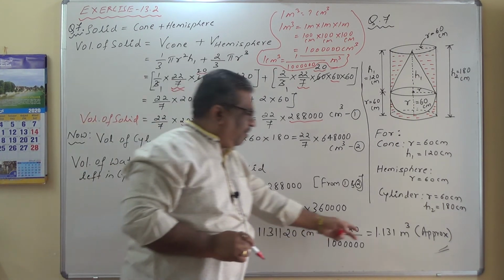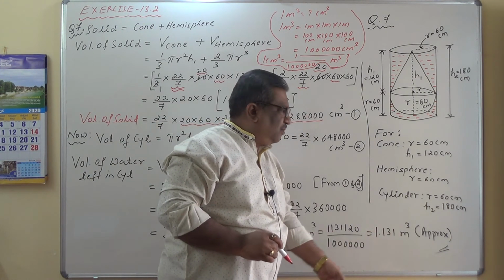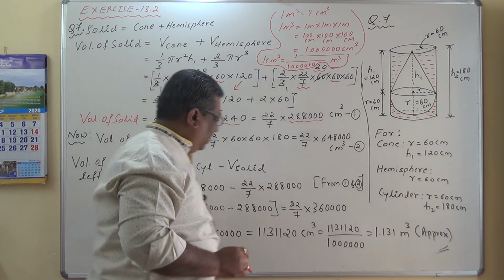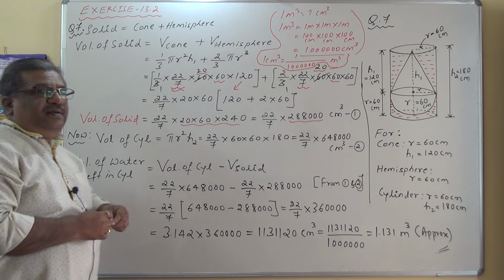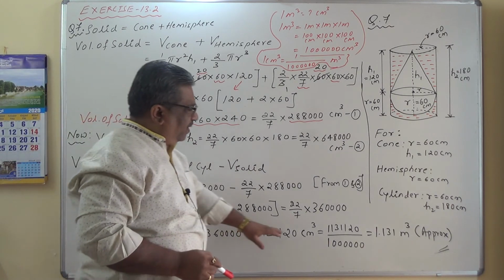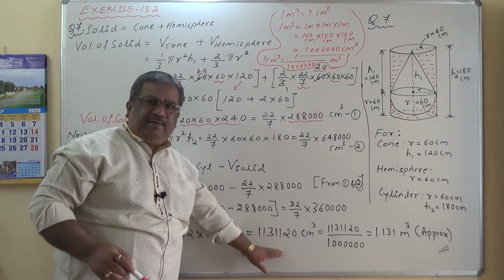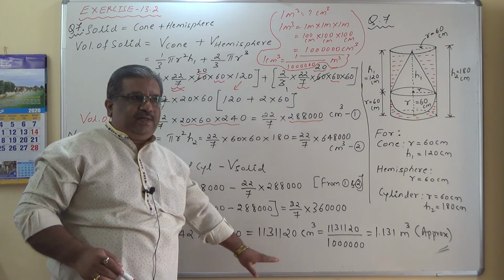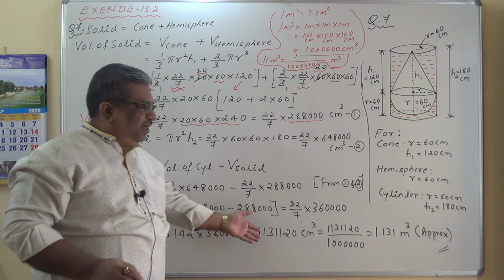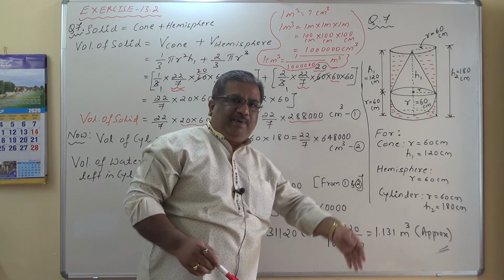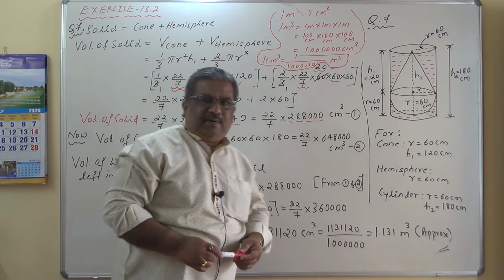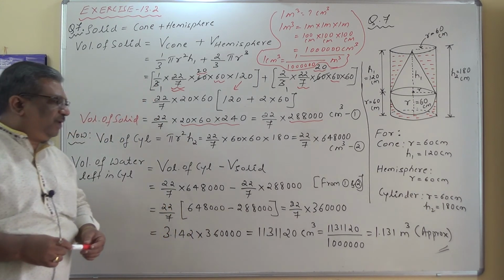That is of course approximately, because some students will take 3.14 for pi value here or 3.142 etc. Okay, I think it's quite clear, but you can definitely retain the answer here itself, so many cubic centimeter, then also it is okay. But being a very large unit, it is preferable to convert it into multiples, that is cubic meters. Okay, so make a note of this one.